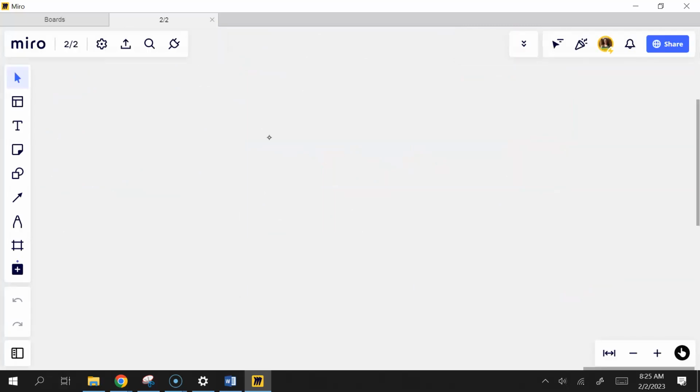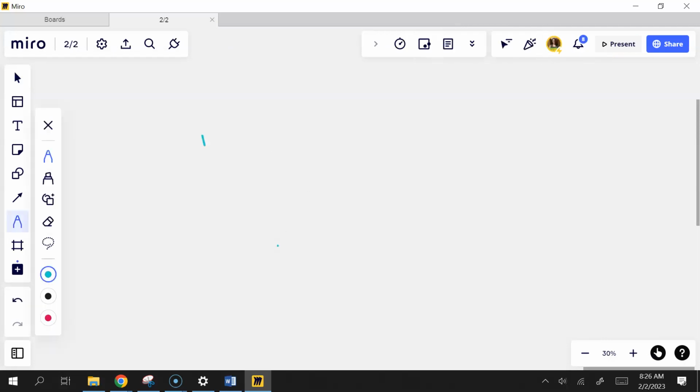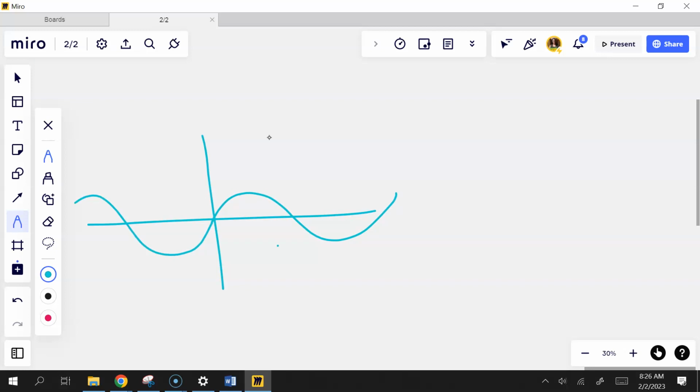Now remember, this is a family of functions, so they've been adjusted and slid and everything. But at the end of the day, the graph of sine looks like this because it goes through 0, 0.